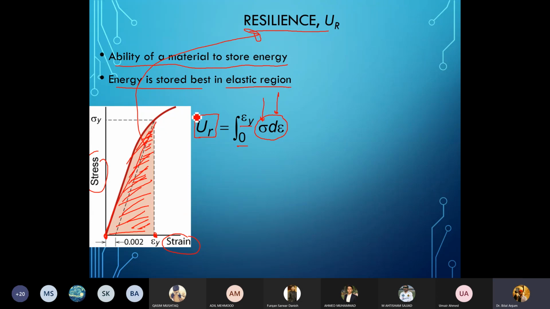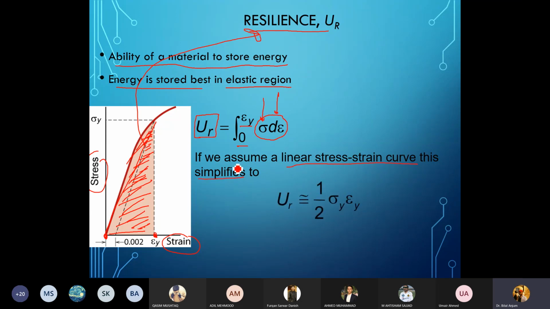With a linear stress strain curve up till this point, I can simplify this with the area of a right angle triangle. So it would be half, this is the base, into height. This would give me the resilience of the material, and the units are energy per unit volume. The area under the stress strain curve basically represents energy per unit volume.